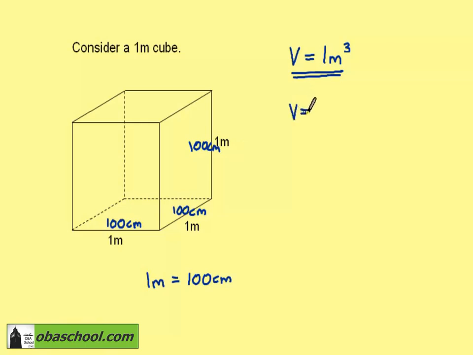The volume of the cube then is going to be 100 times 100 times 100. This gives us 1 million.